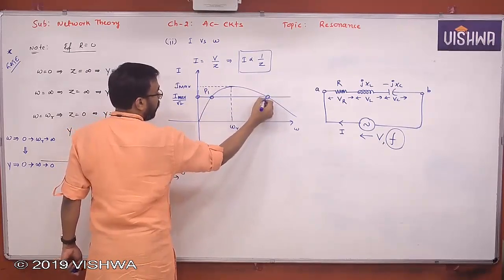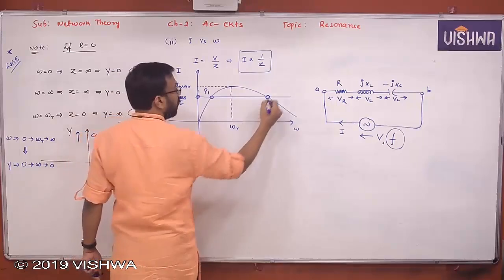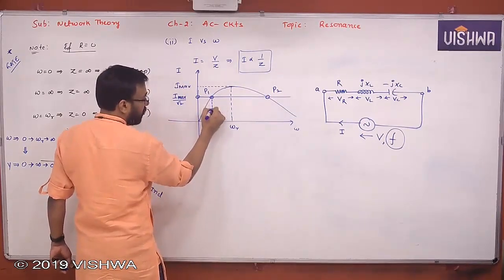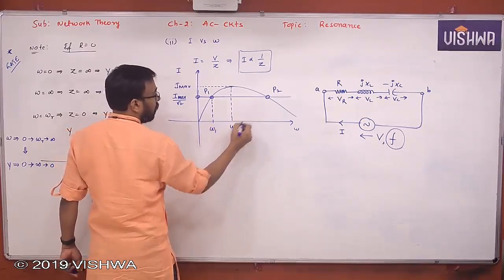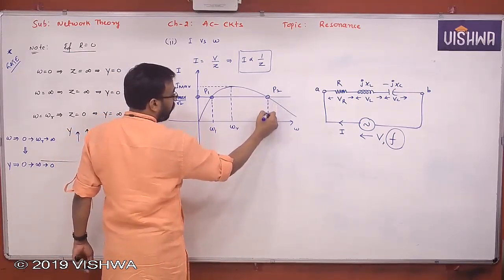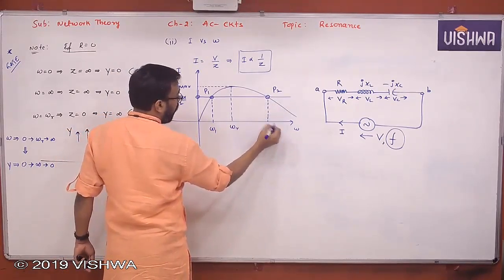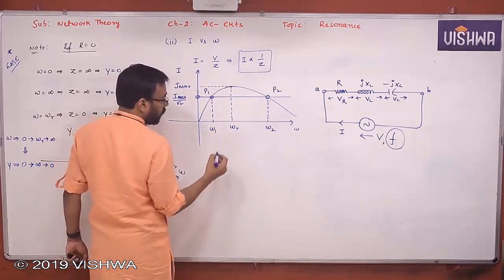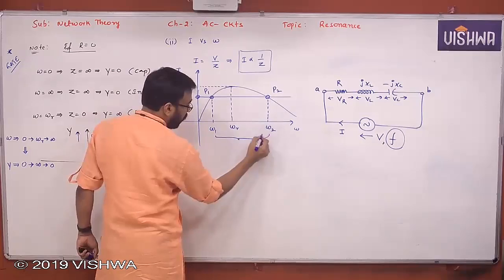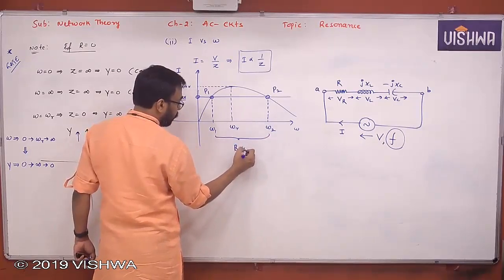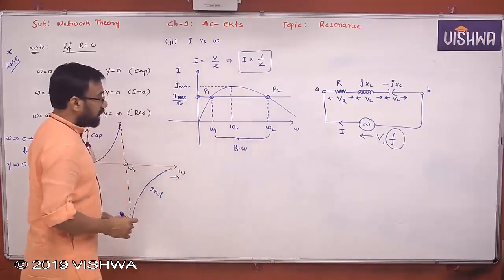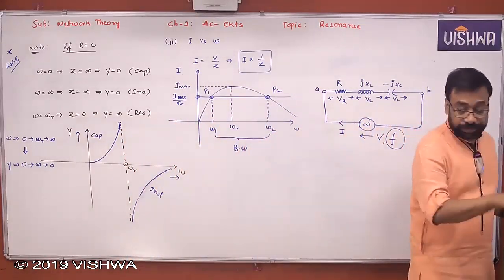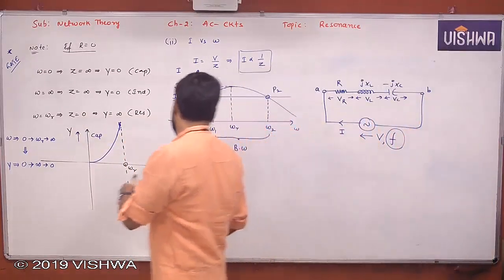This is the half power frequency, and another half power frequency. There is a frequency omega 1, the lower half power frequency, and the upper half power frequency, or two cutoff frequencies, you can say. The difference between these two frequencies is called bandwidth. Understand all of you? Okay. Clear?